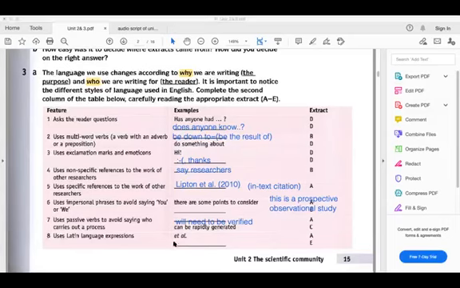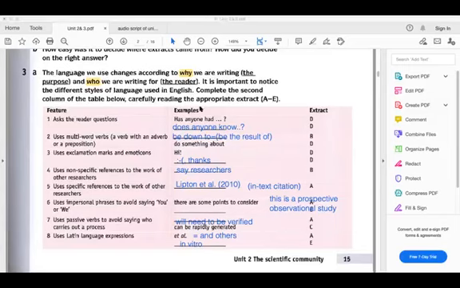Use Latin language expressions. We find et al., that we said means and others. And the second thing is in vitro, that means done in an artificial condition like a test tube, right?